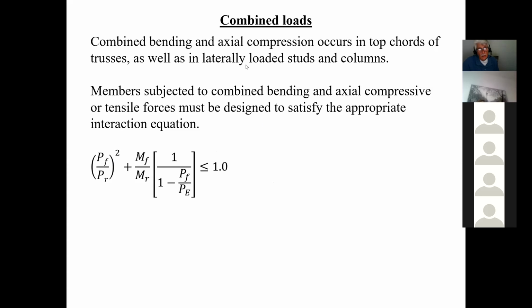And of course, MF over MR. Now, what this is, okay, this is basically an amplification factor, which amplifies the bending moment, because what happens is that here's my column, okay, here's my column like this, right? Here's my axial load like this. Now, when this thing is bending, believe it or not, these axial loads contribute to the bending moment, because this is no longer acting in the centroid, and that's what this does.